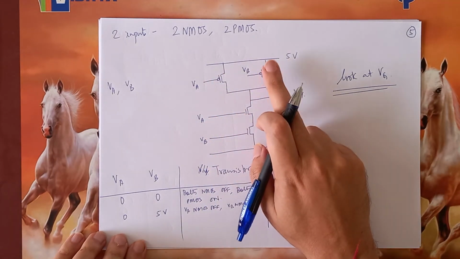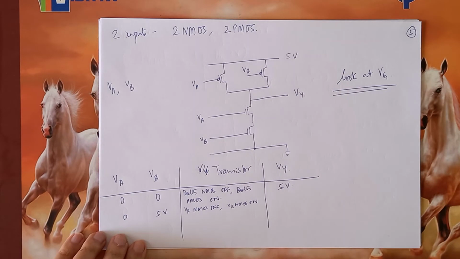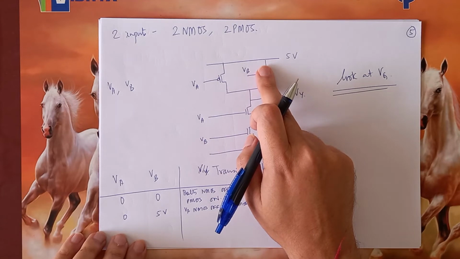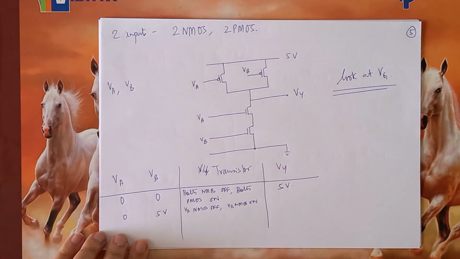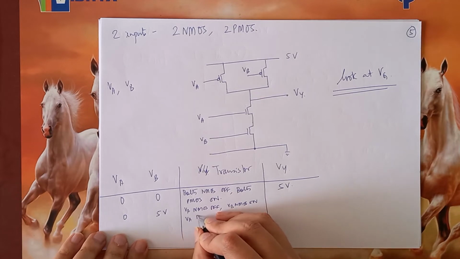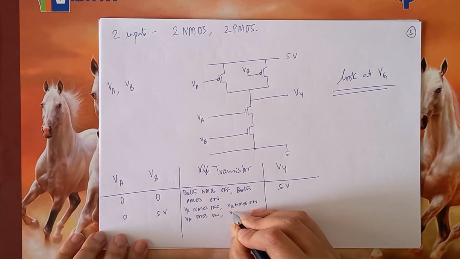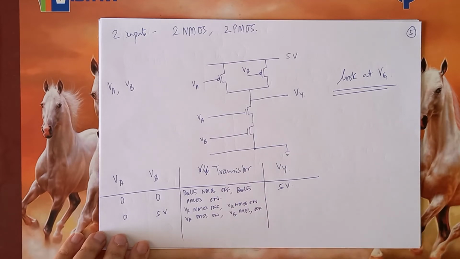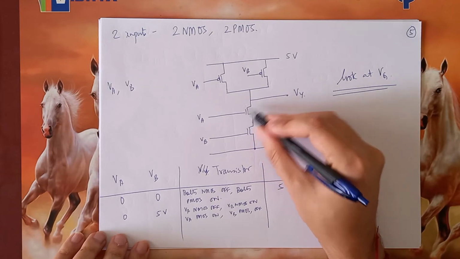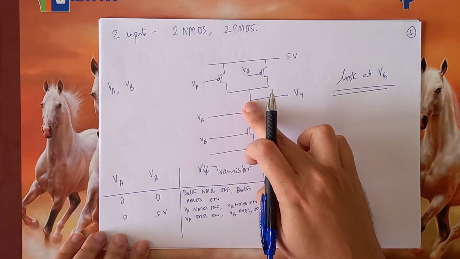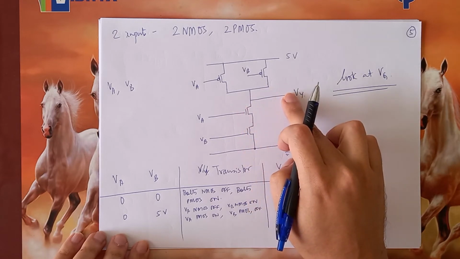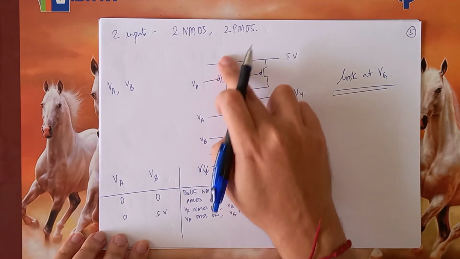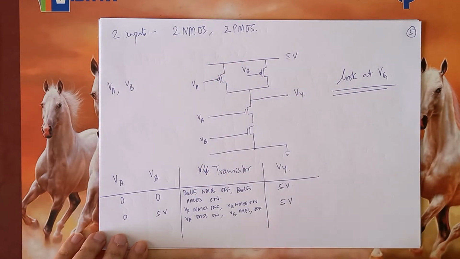But VB is 5, so this PMOS will be off. So VA PMOS on, VB PMOS off. Once again, because the VA NMOS is off, this will act like an open switch, so there will be no path to ground. But since the VA PMOS is on, again there will be a path between VY and 5 volts. So the output will also be 5 volts.